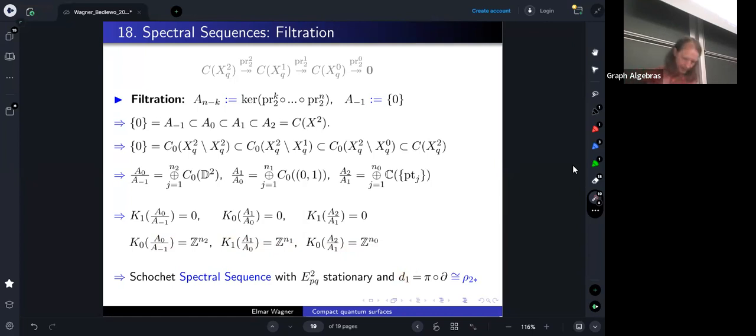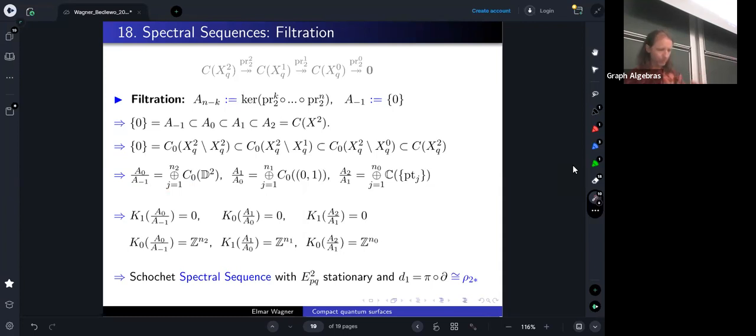In our spectral sequence, this is the first page. Now we have these differentials going in this direction. The E1 goes from lower to higher and higher dimensions. These differentials are the dualizations of the boundary maps.